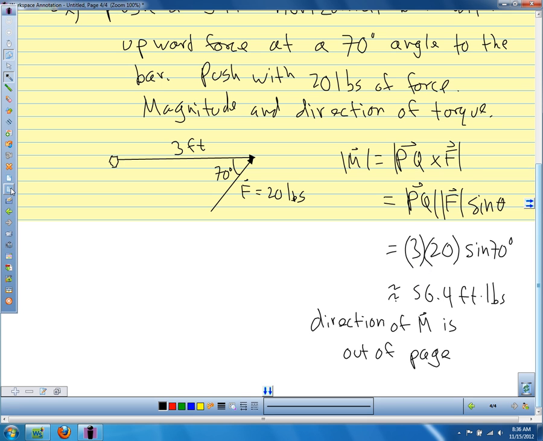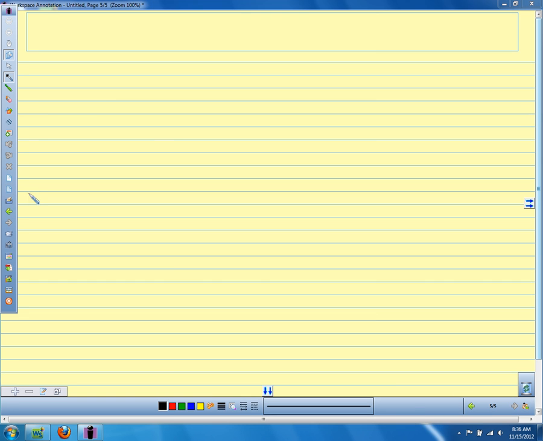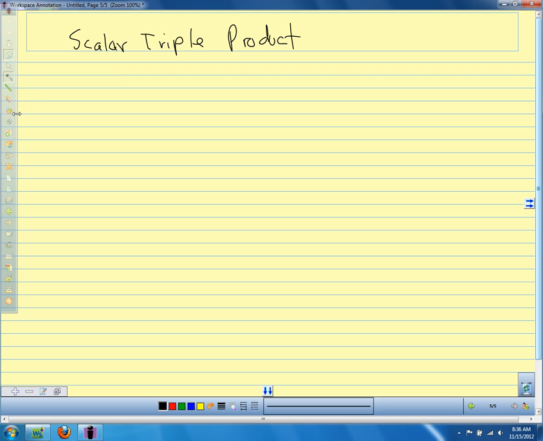And I just wanted to mention briefly the scalar triple product. We talked about that when we talked about cross products. I wanted to show an easy way to calculate it if you ever run into having to calculate the scalar triple product.